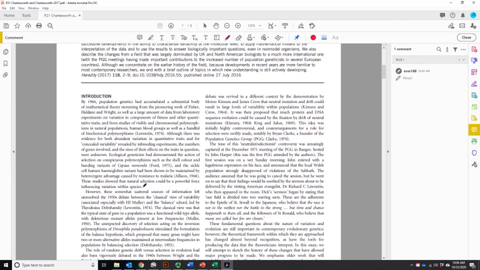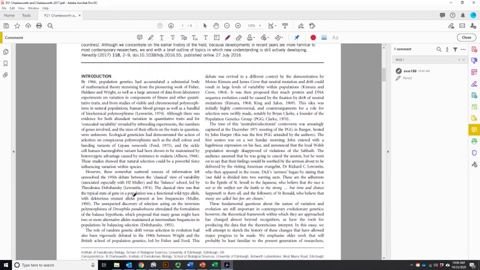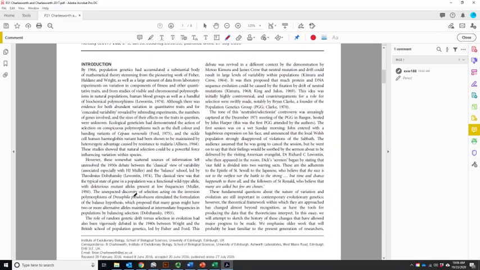We're just seeing the beginnings of that in the 1960s. And so we have this dichotomy between what is called the classical view and the balance school of variability.